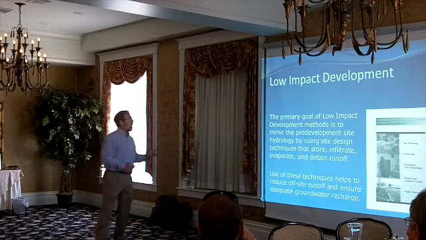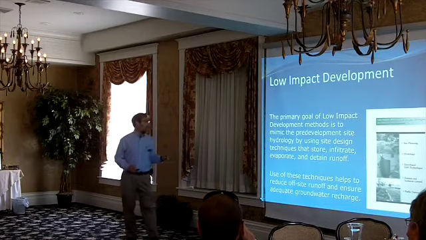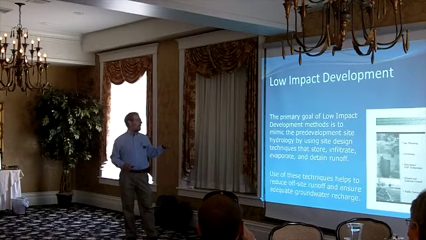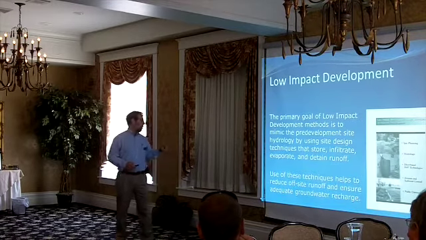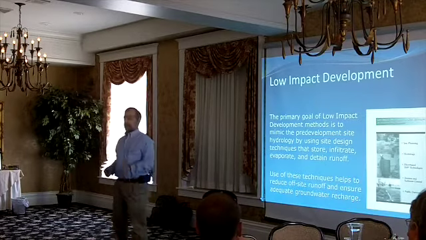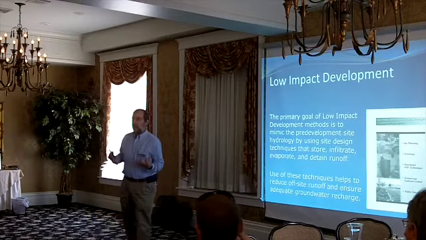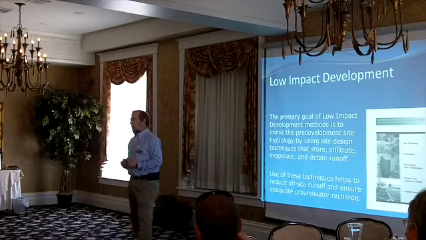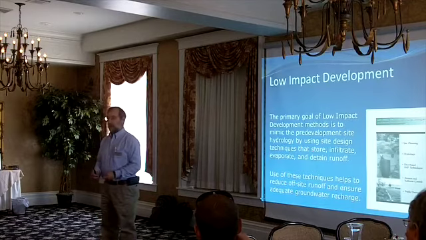The other part of that is the primary goal of low impact development methods is to mimic the pre-development site hydrology by using site design techniques that store, infiltrate, evaporate, and detain runoff. This is really the key. We're going to be focusing on hydrology in low impact development and how to maintain the natural hydrologic response of a site, generally at the site level.